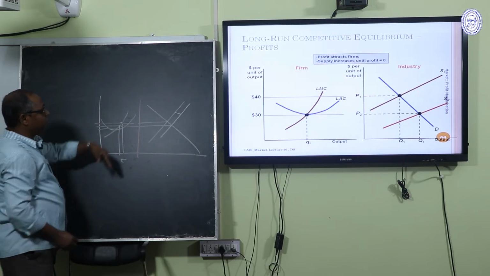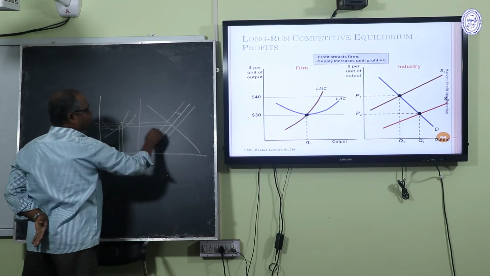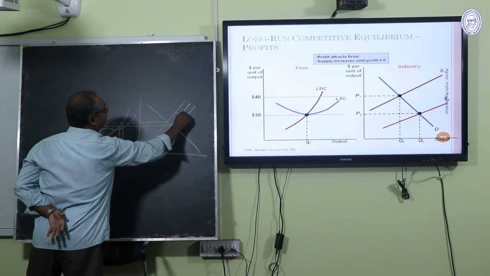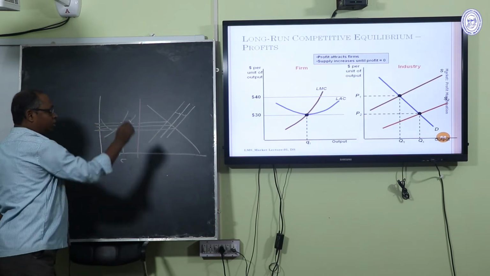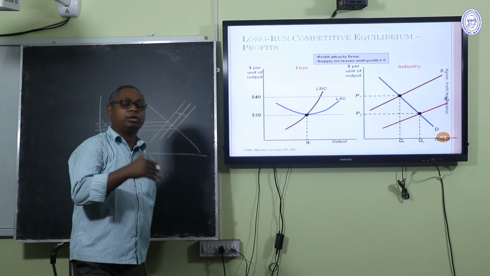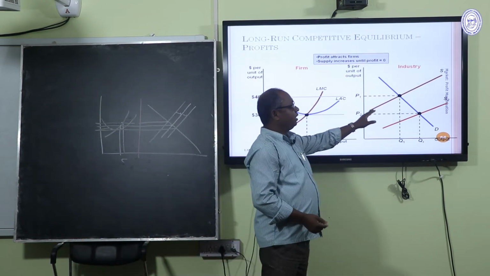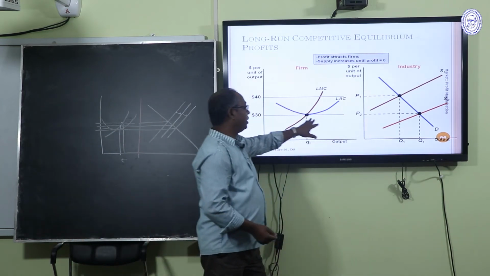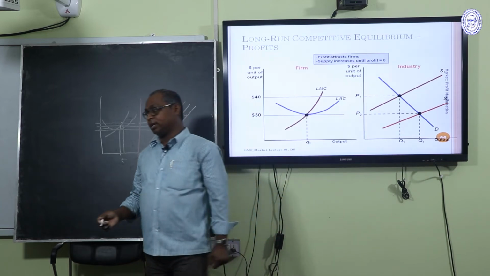And by seeing this, again more and more firms will come into the industry, and price will fall again, and this will continue till the supply increases enough so that price comes down to the minimum point of the LAC curve.